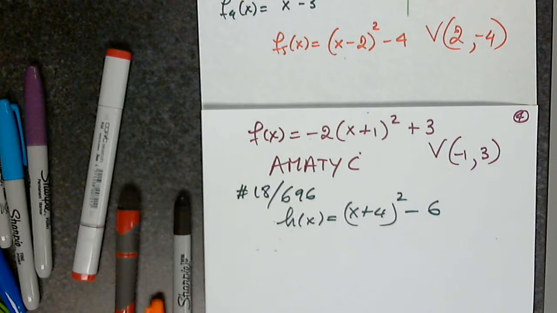But by now, we should have this graph in our memory, right? So I know that this is x squared. Where does the graph go first? Left 4. And then down 6. What is the vertex? -4, 6. Okay. Can you already picture the graph and tell me the range without even graphing it?